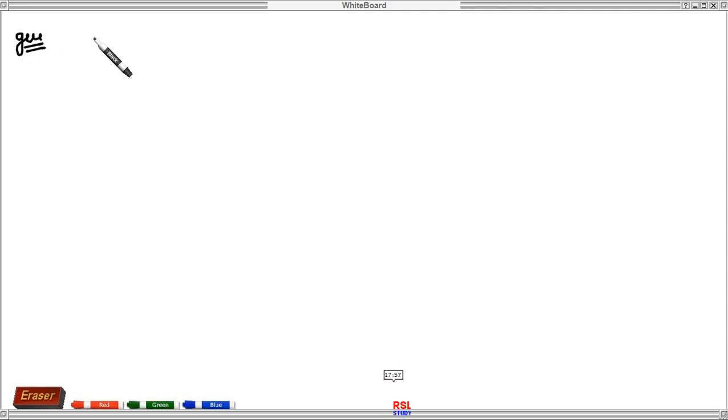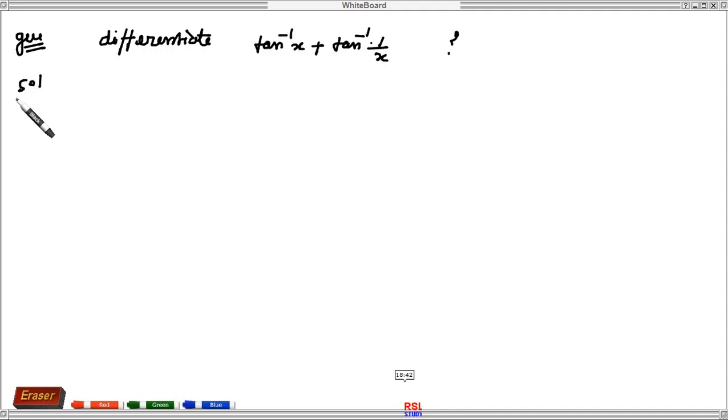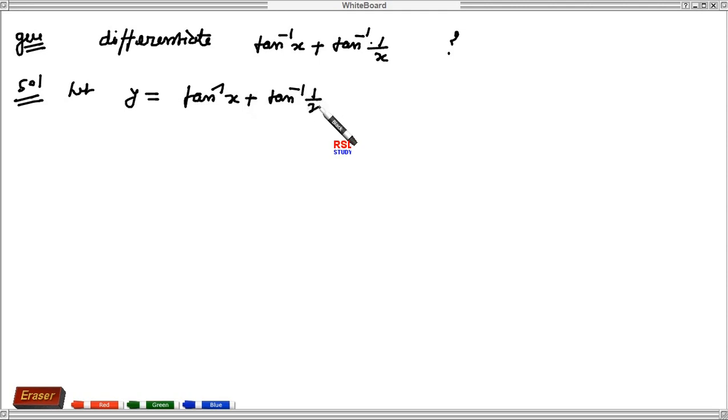The question is differentiate tan inverse x plus tan inverse 1 by x. In this question, if you don't know the formula and rules of tan inverse, means inverse trigonometric functions, then you will be hardly able to solve such kinds of questions.